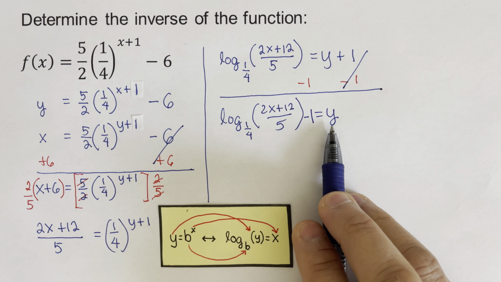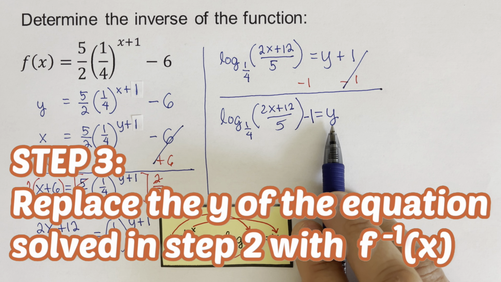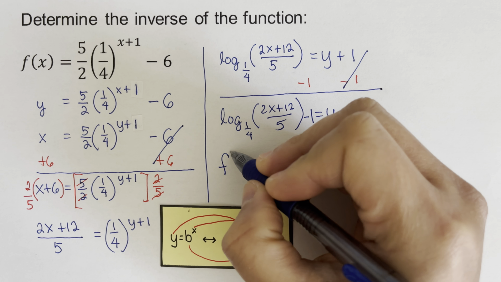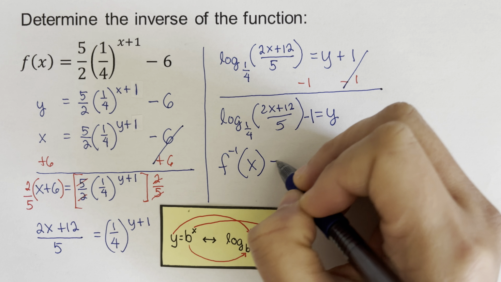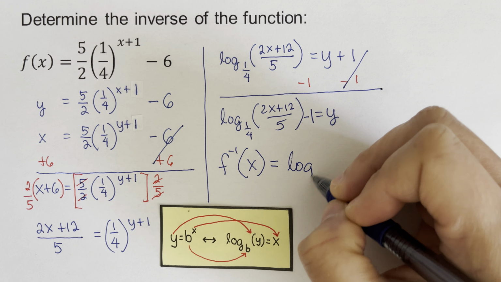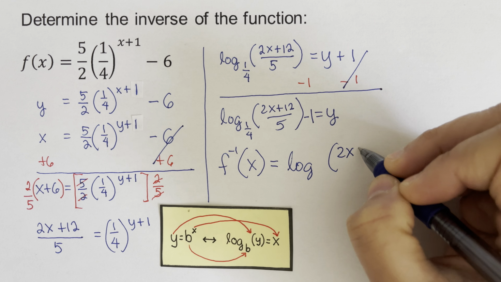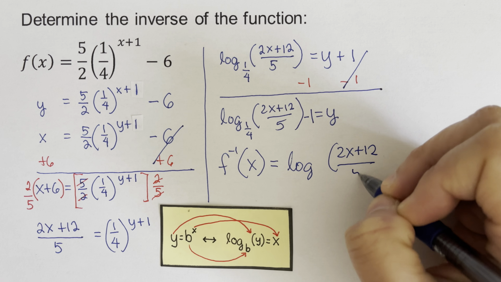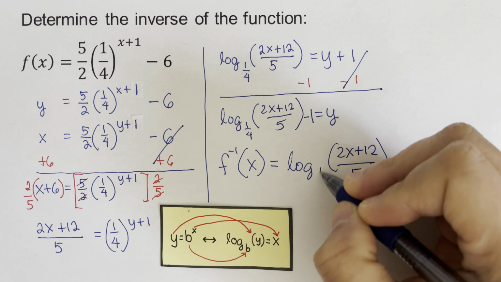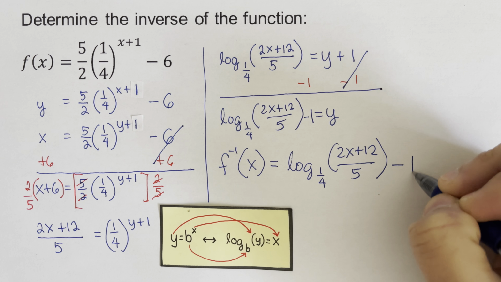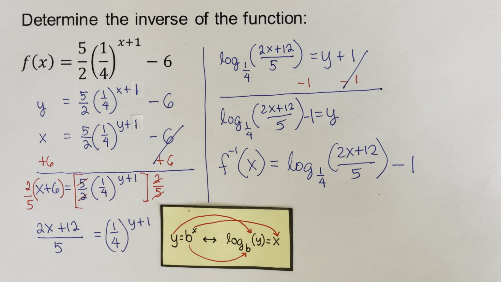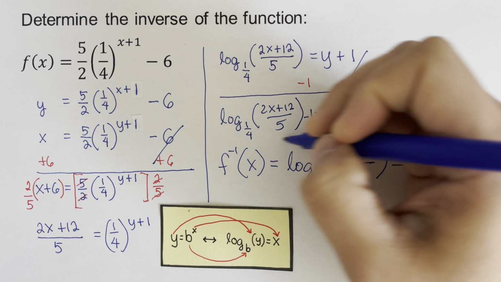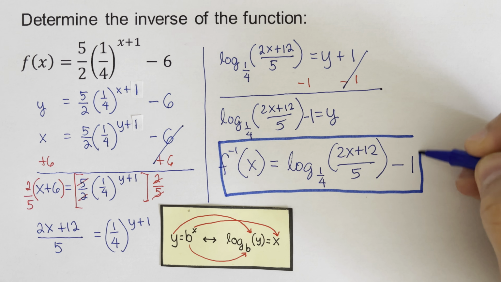The third step states that we're supposed to replace y, the equation solved in step 2, with f negative 1 of x. So this becomes f negative 1 of x is equal to log of (2x plus 12)/5 to the base 1/4 minus 1. So there's a minus 1 right there. So this is the inverse of this expression that we have up here.